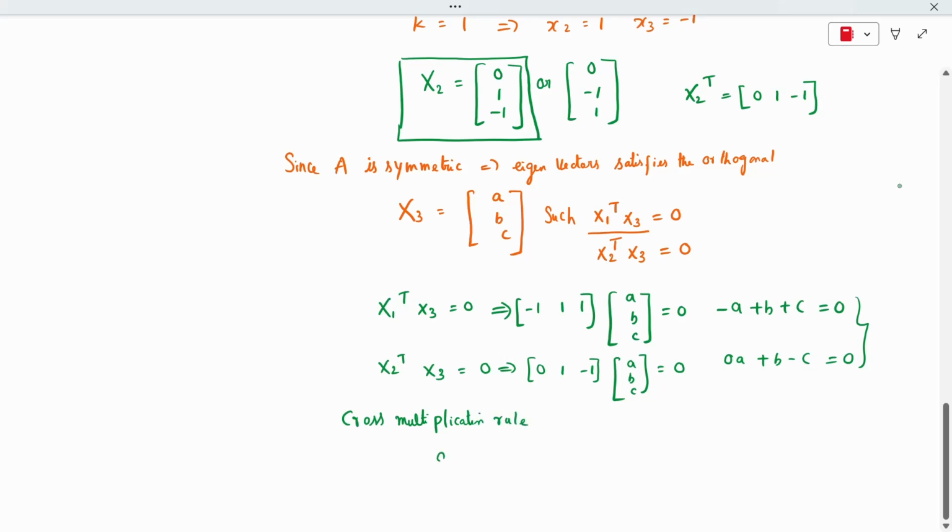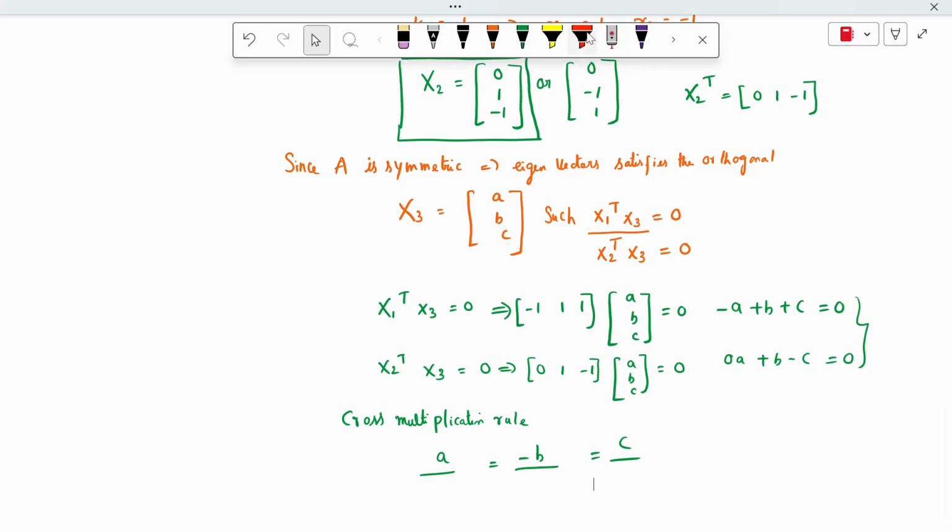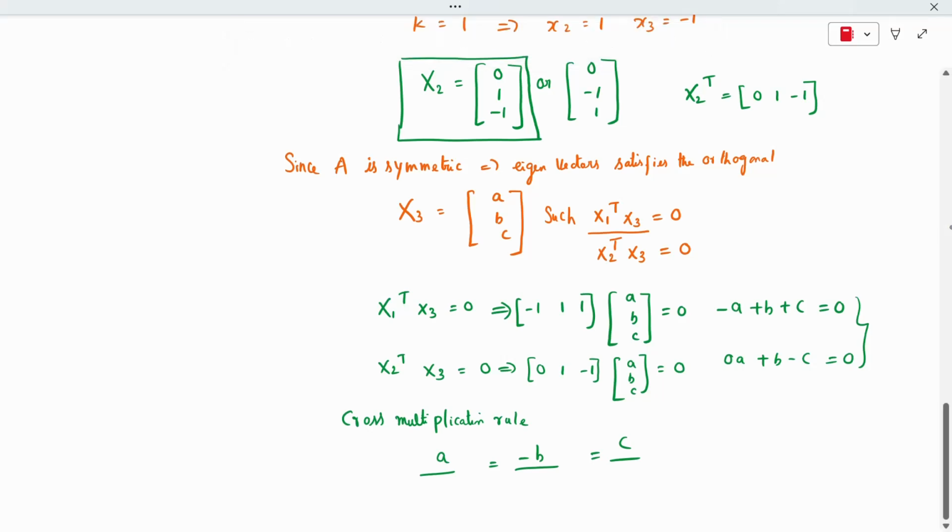So when I solve it, I will get A, minus B, C. In the cross multiplication rule, A you hide it, and remaining elements you write in a determinant format: 1 1 1 minus 1.